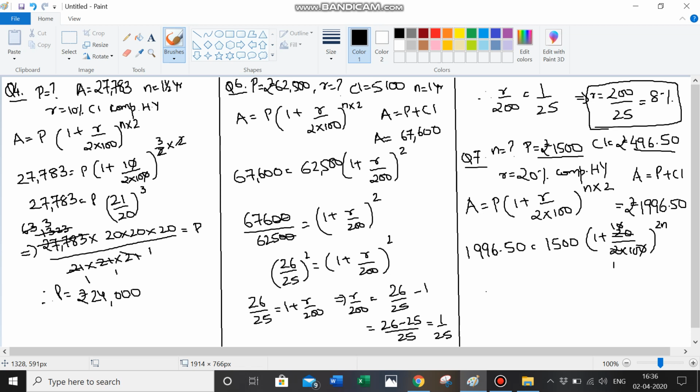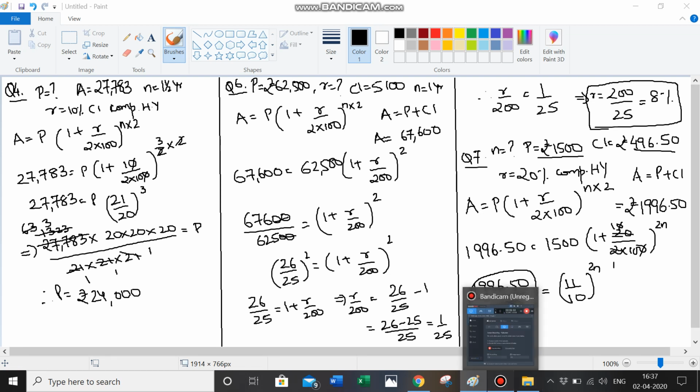Let's take 1500 down, so it'll be 1996.50 upon 1500 is equal to 11 upon 10 raised to the power 2n, which means I will need to write this in the form of 11 upon 10 to the power something. 11 upon 10 to the power 2, 11 upon 10 to the power 3, 11 upon 10 to the power 4.